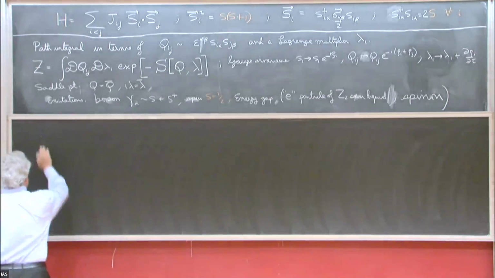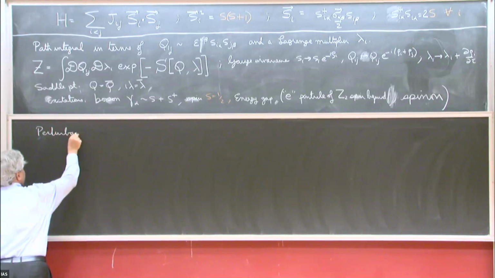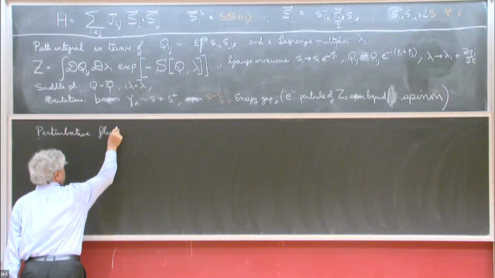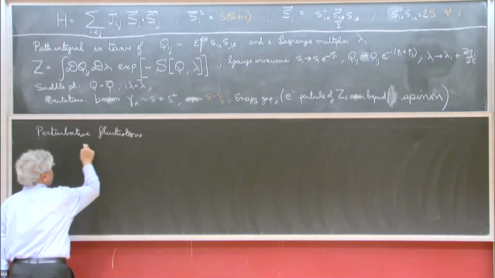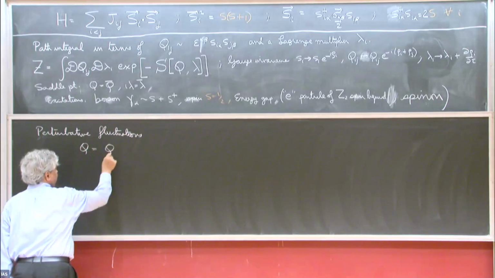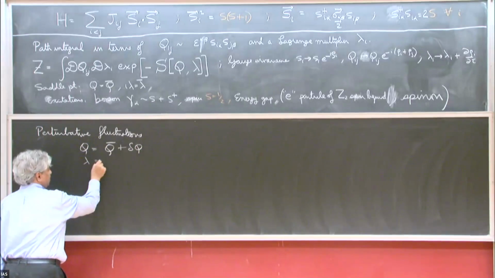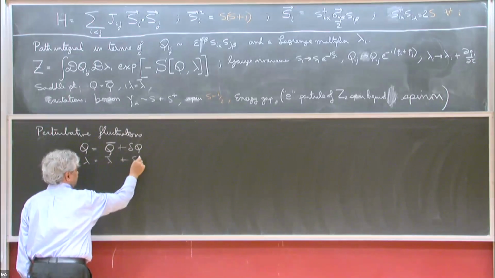So the first thing you can do is look at perturbative fluctuations. This means you take a Q from Q bar and you change it a little bit, and you take lambda from lambda bar and you change it a little bit.